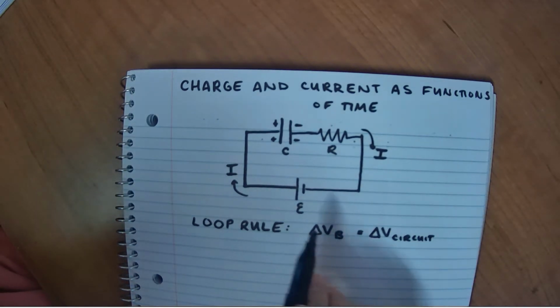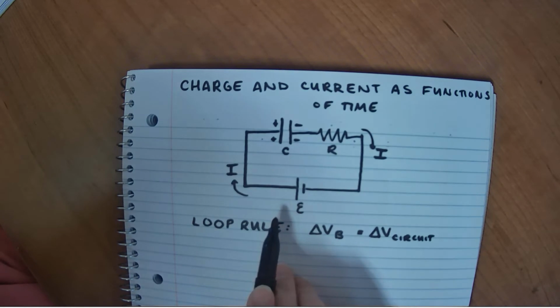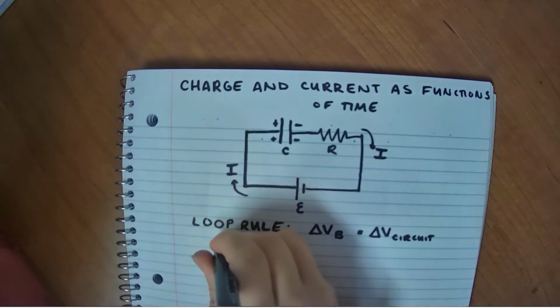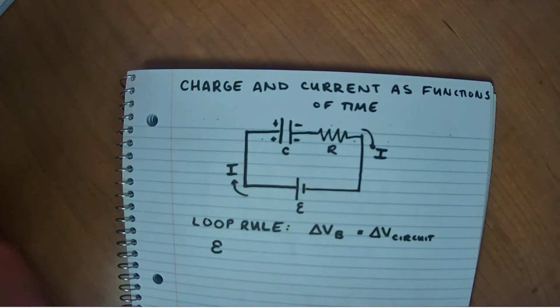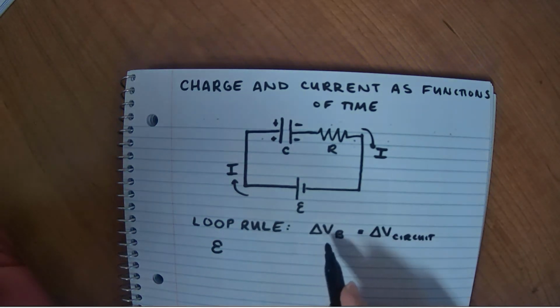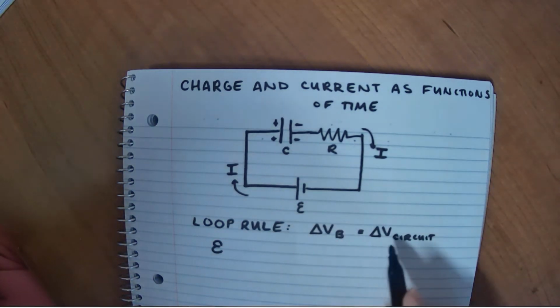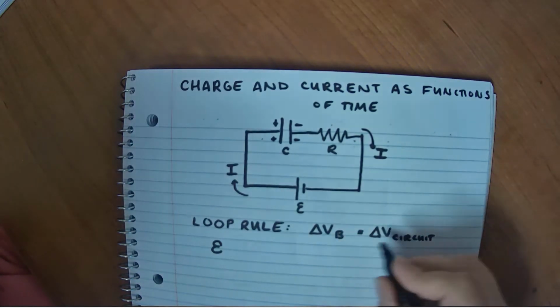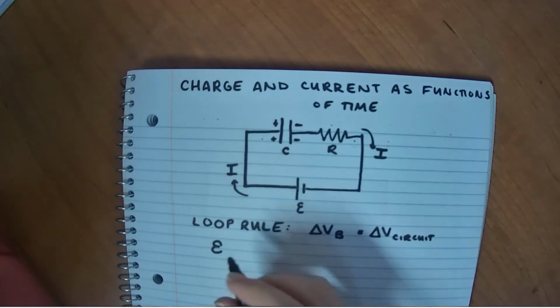How could we write this for this particular circuit? We know the potential difference across the battery is the EMF. When two things are equal, their subtraction is equal to 0.